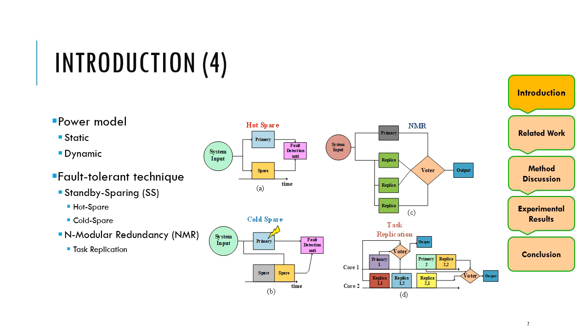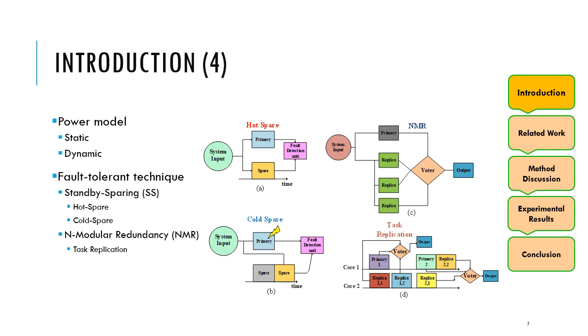For power consumption, as other works, we suppose the power consumption includes static and dynamic parts. Also, in general, fault-tolerant techniques can be divided into two categories: active and passive. Active techniques use fault detection to increase system reliability.